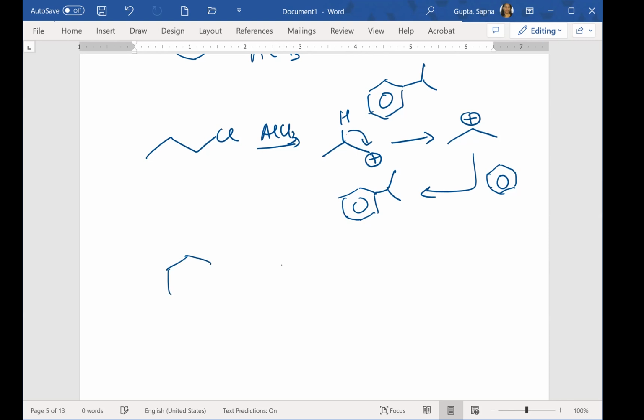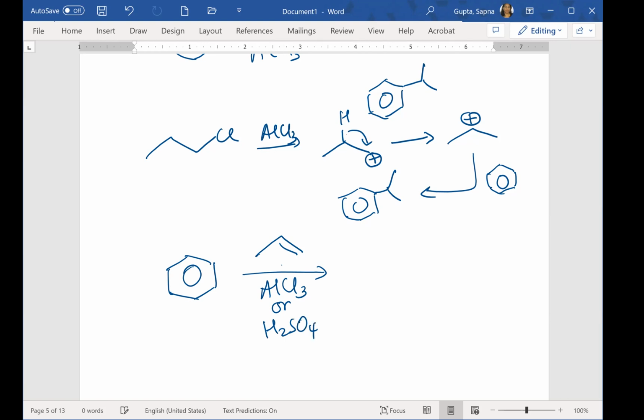So for example, if you don't have an alkyl halide, you can also use this. Again, you have to use the catalyst. So here, because this is a double bond, now you can change your catalyst. So you can use this or this.